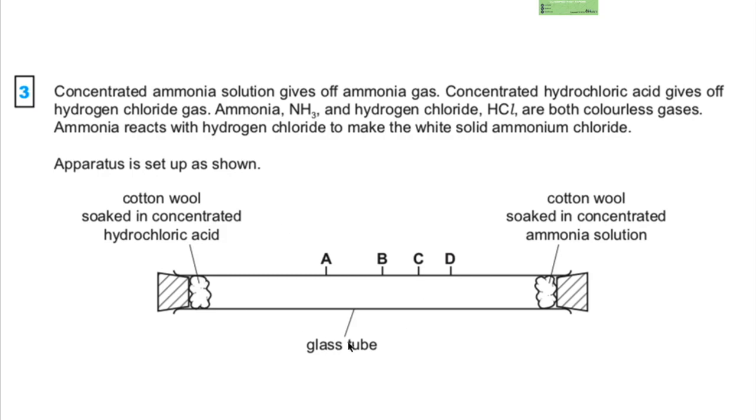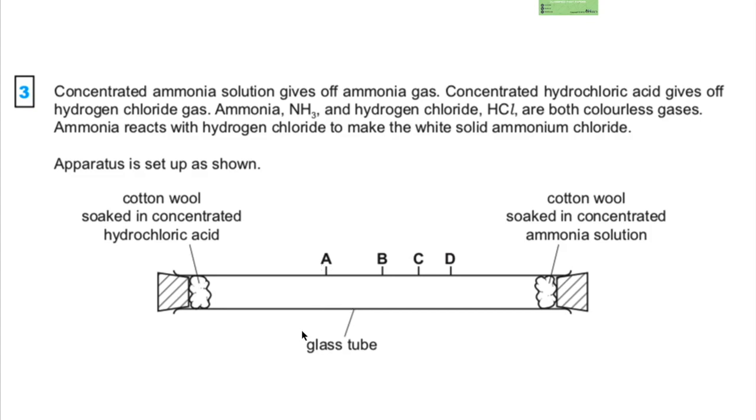Now they've given me this diagram, and it's more or less the same as the experiment we've seen today, but they flipped it. They put hydrochloric acid on the left and ammonia on the right. They've given me the formulas here on top. They said ammonia is NH3, hydrochloric acid is HCl. They are asking me a question. They said, where will those two gases meet up? So where will their reaction occur?